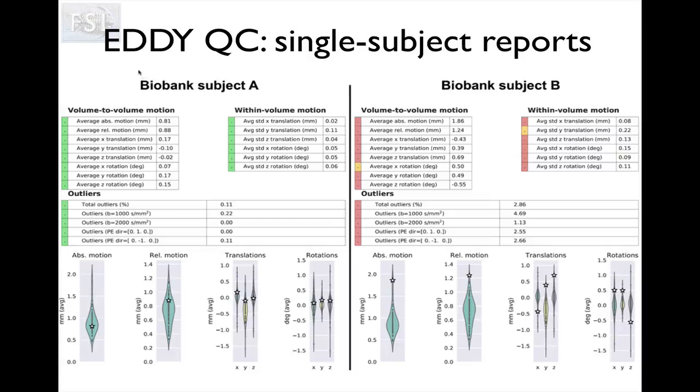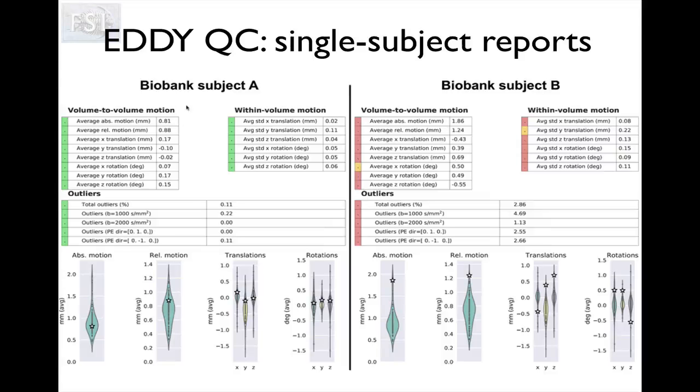This is an example of a biobank subject A. Here we have all the volumes, all the motion parameters, the between volume motion parameters, the within volume motion parameters, counts of outliers, etc. What you can see is that these are all green. The reason is that first these parameters were collated from the EDDY output.